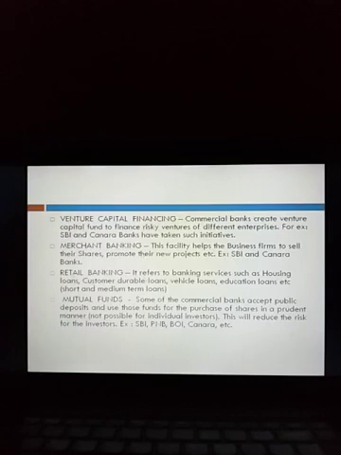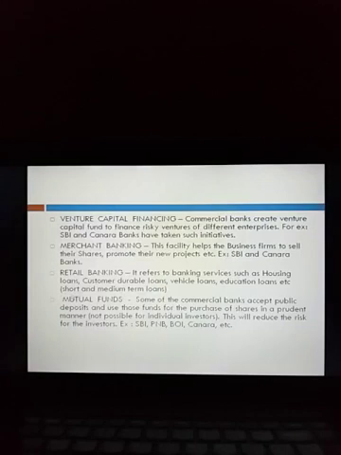Retail banking. It refers to banking services such as housing loans, consumer durable loans, that is for purchasing electronic gadgets such as refrigerators, TVs, washing machines, computers, etc. Vehicle loans, that is loans provided for purchasing two-wheelers and four-wheelers, etc. Loans which are offered even for obtaining higher education, which we call education loans, etc. These loans are given for short and medium terms.